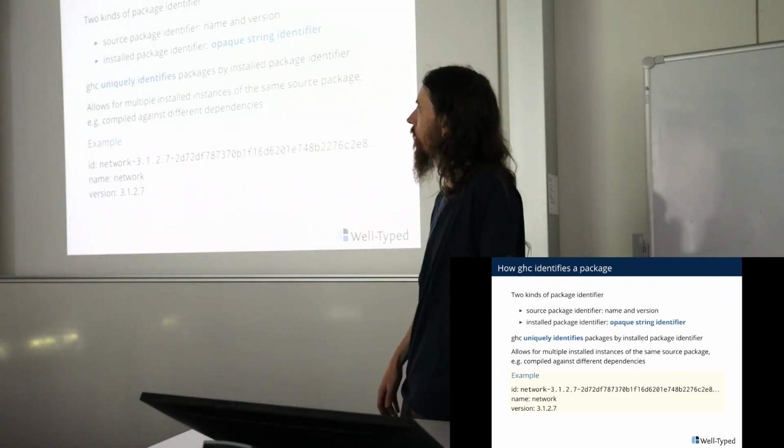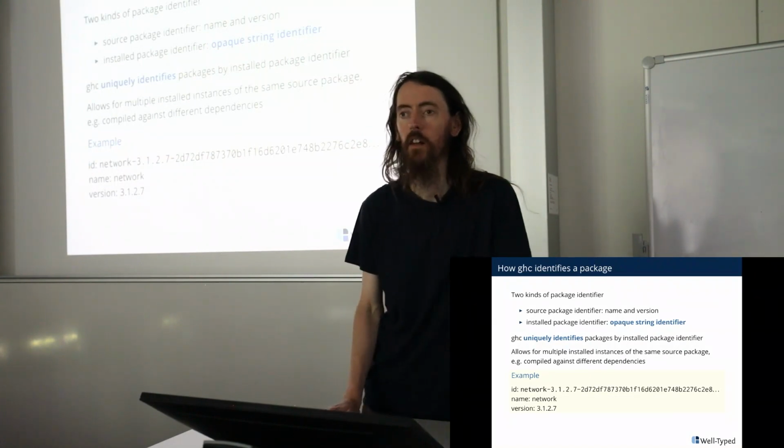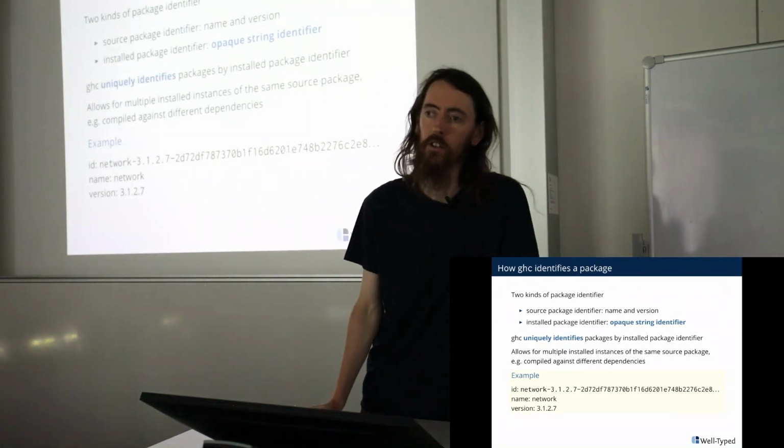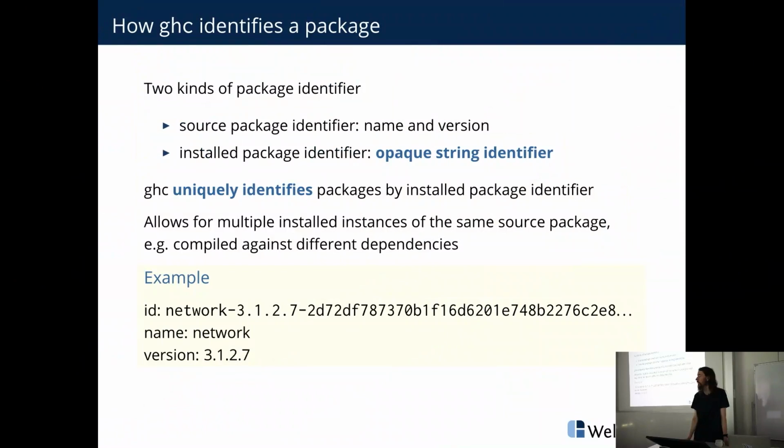And then you've got this thing called the installed package identifier. That's what Cabal calls it, and as we were just saying, GHC calls it the unit ID or the unit identifier. And that is just an opaque string with no particular requirements on its structure. Whereas a source package ID is a name, and that has a particular syntax. There's a particular set of characters you're allowed to have in a name so that we can make sure that they're portable to lots of different package management systems, to Debian, to Fedora.